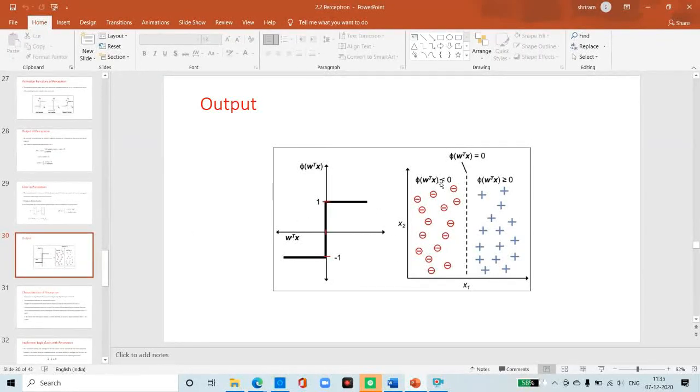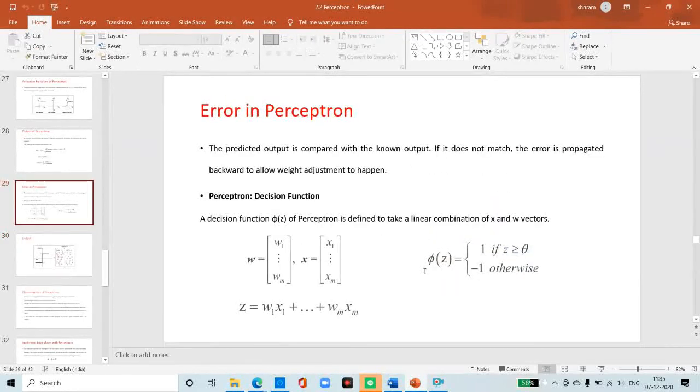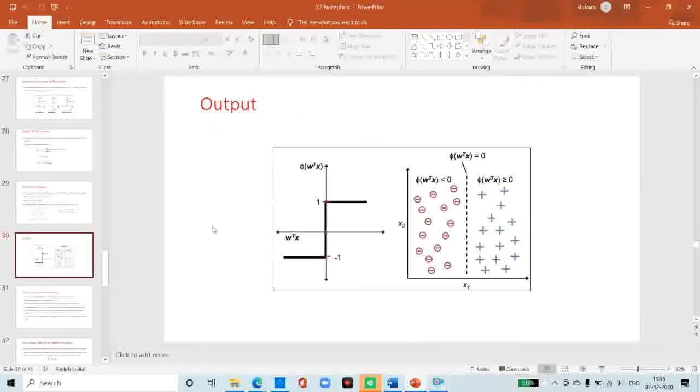Okay, so if the decision function, that is phi of z, is greater than or equal to 0, then the neuron fires, otherwise, less than 0, the neuron does not fire. Okay, this is for the input x1, x2. So this is the final output.